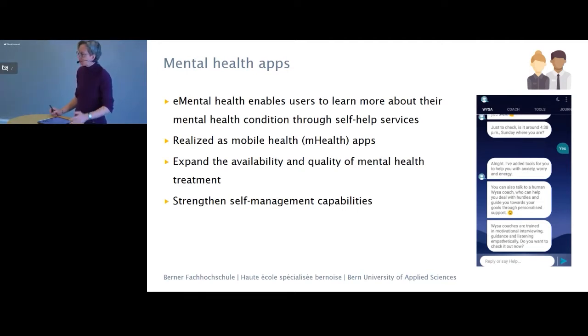So there is a need to deliver mental health treatment, even if we don't have direct access to health professionals. And one possible solution that was tested a lot in the last couple of years is mental health apps. So applications running on a mobile phone that people can use independently from having access to a psychologist, for example.